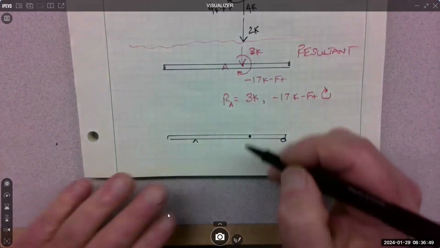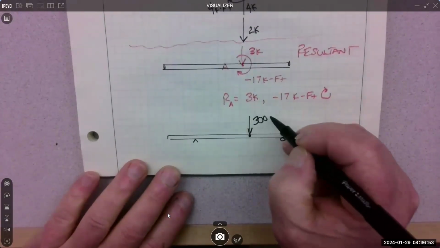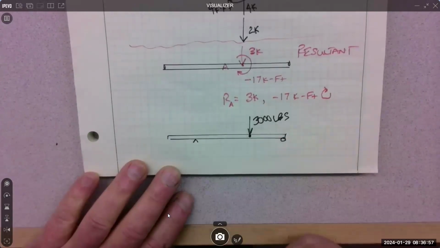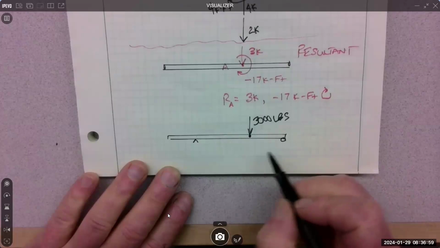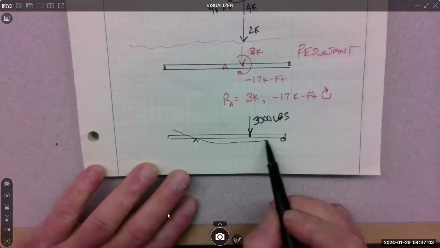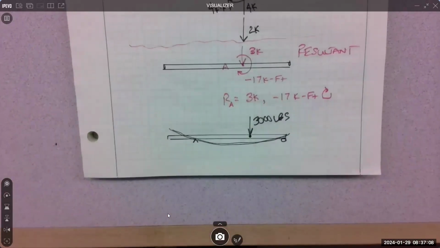So if there's 3K, I'll write what it actually is, 3,000 pounds here, pushing down. What does this whole beam feel? This whole beam feels this. Doesn't it? Put a bunch of weight between two supports, it's going to bend.